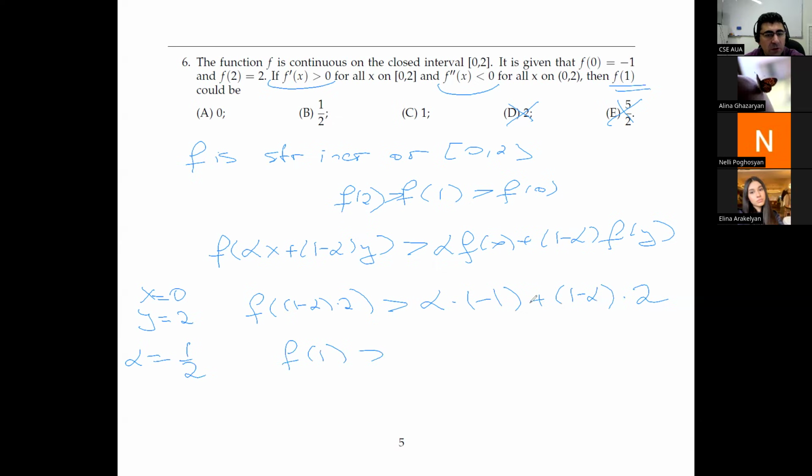If alpha is 1/2, we get 1 minus 1/2 here. f(1) should be greater than 1/2, which means 0 and 1/2 should be eliminated. And it remains that f(1) can only be 1.